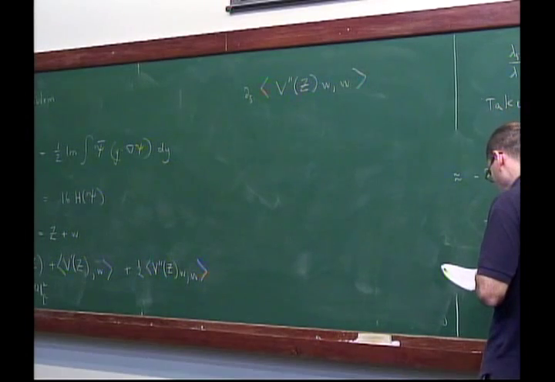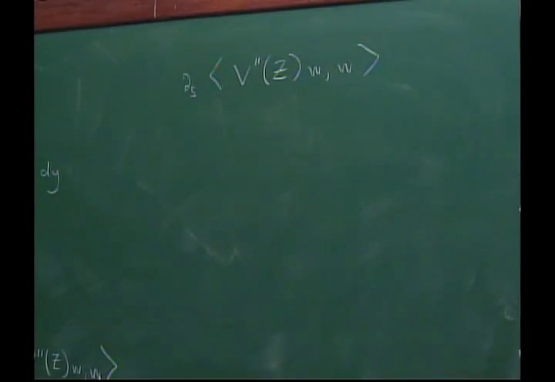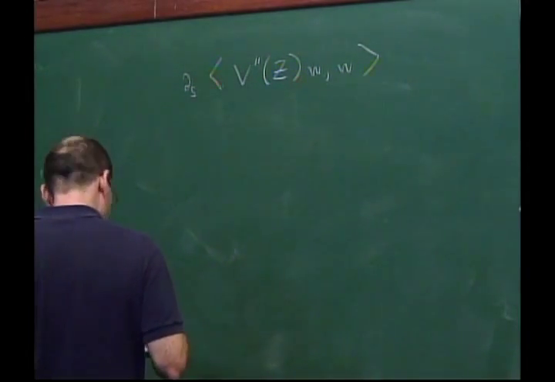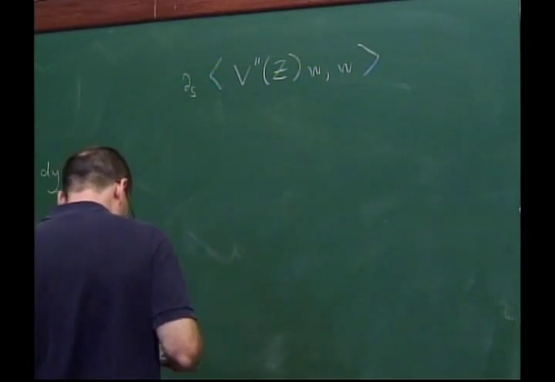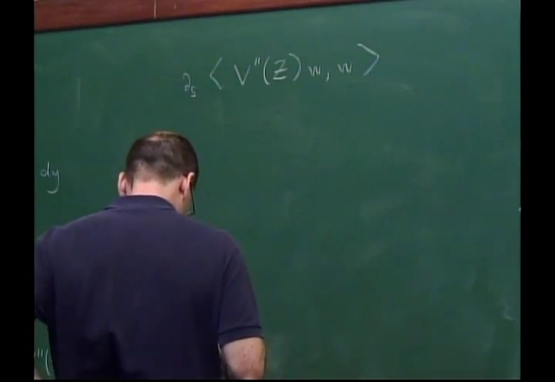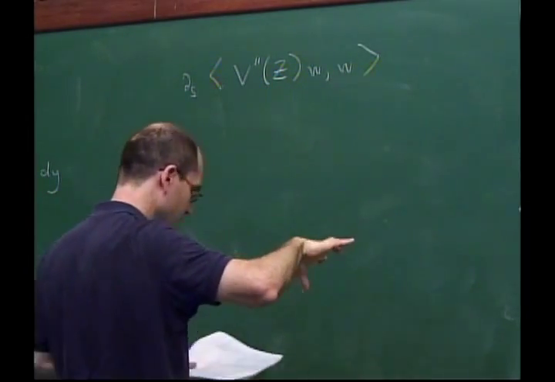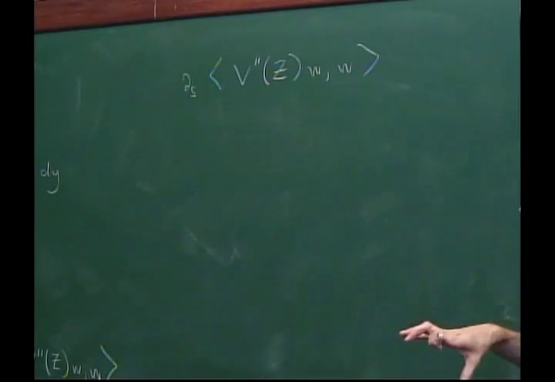I had written it before. When you plug in that equation, what comes out is a commutator between this operator and the linearized evolution operator. And that commutator is shown to have a positivity property. It's a spectral property.